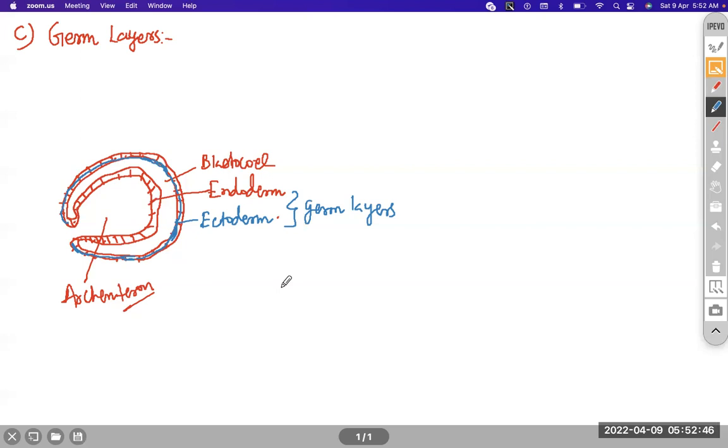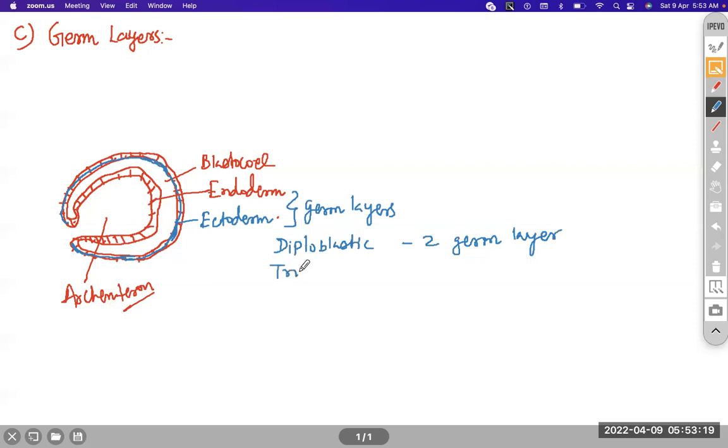और जिन एनिमल्स में, जैसे कि ये दो फाइला बताया आपको, निडेरिया एंड टिनोफोरा, दे आर कॉल्ड डिप्लोब्लास्टिक, जिसमें दो जर्म लेयर ही मौजूद हैं. Two germ layers are present, then diploblastic.